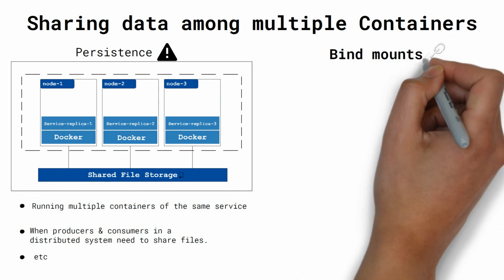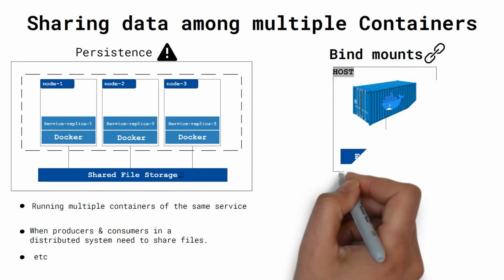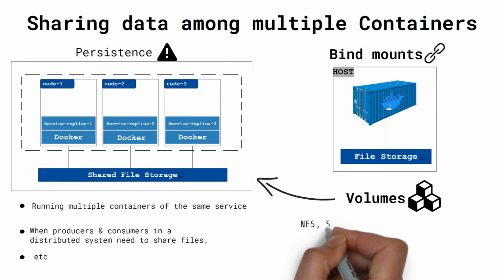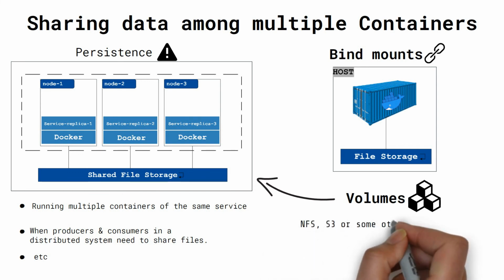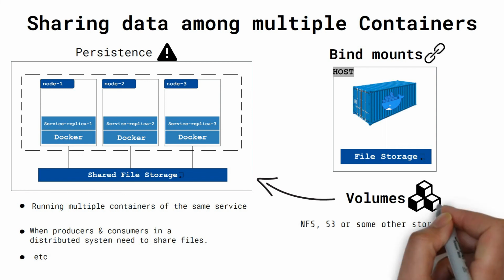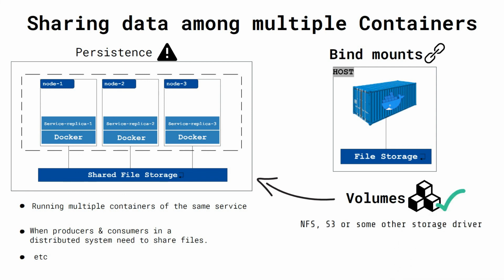Using bind mounts, containers can only share files within a single host or machine, whereas with volumes, containers from many different hosts can share the underlying data. For example, via NFS, S3, or some other storage drivers. This is why volumes are the preferred choice for sharing data among multiple containers.